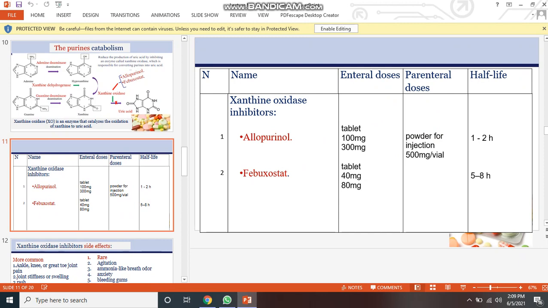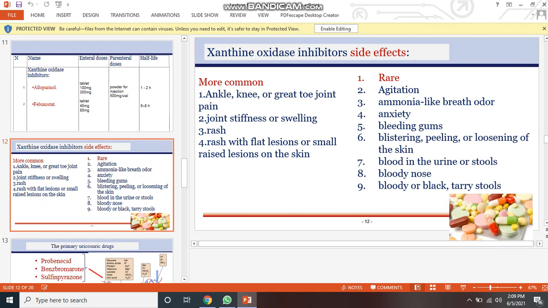The doses are: allopurinol or febuxostat. The oral tablet dose is about 100 mg or 300 mg for allopurinol and febuxostat about 40 mg to 80 mg. Parenteral dose is a powder for injection 500 milligram, and half life 1 to 2 or 5 to 8 hours, as you can see on the screen.